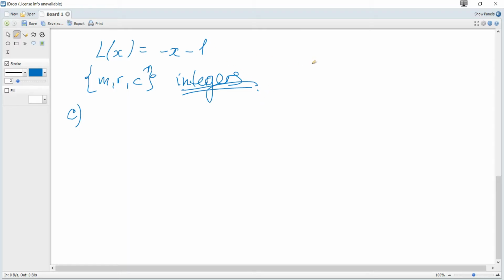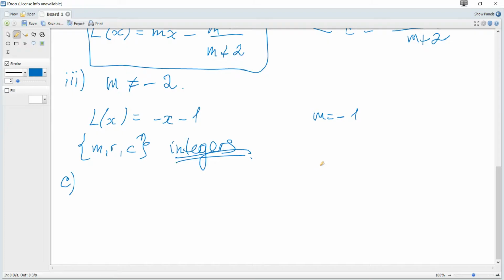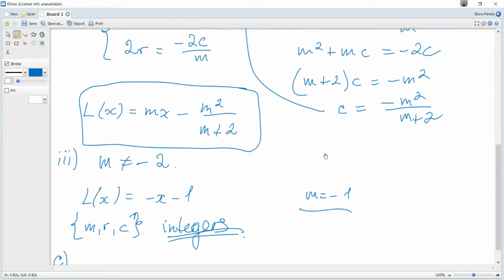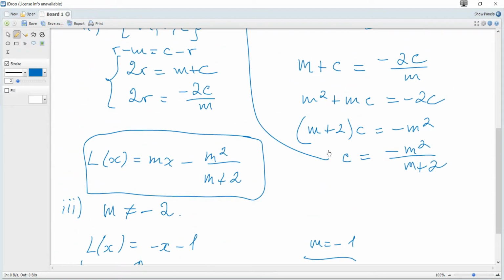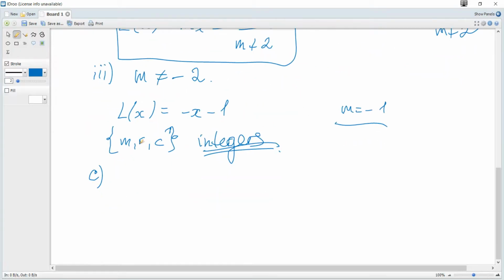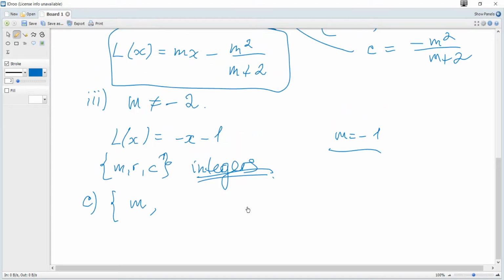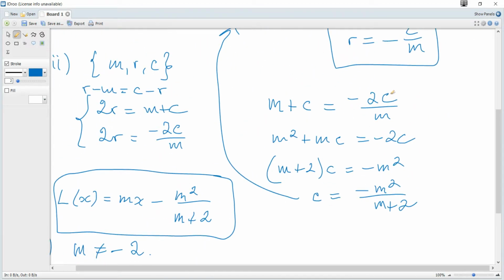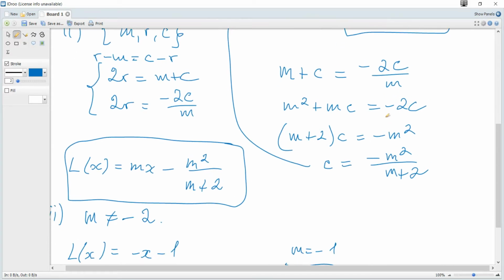Let's consider the given example. We can see that m is -1, and our set becomes m, and let's consider everything in terms of m. R is -2c over m, and what is c?